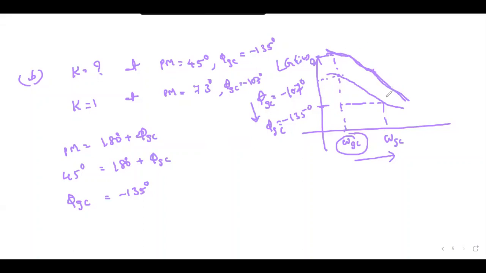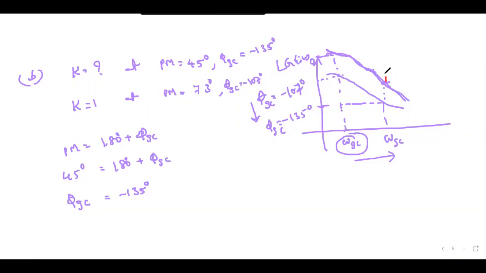In order to get omega GC at the new point, we need to shift this plot and make sure this goes to 0 dB. So where should I shift, up or down? Up.